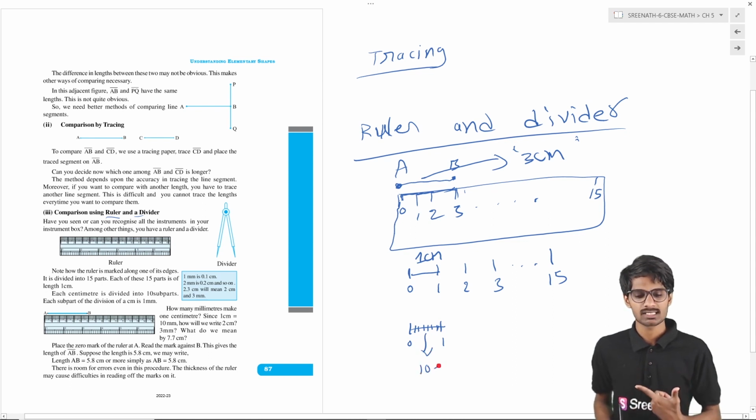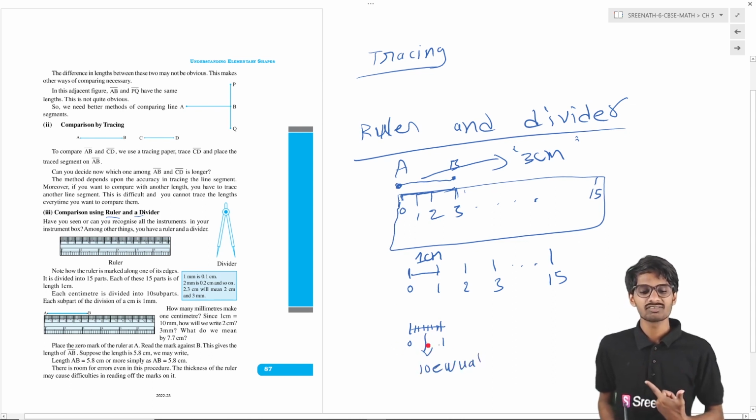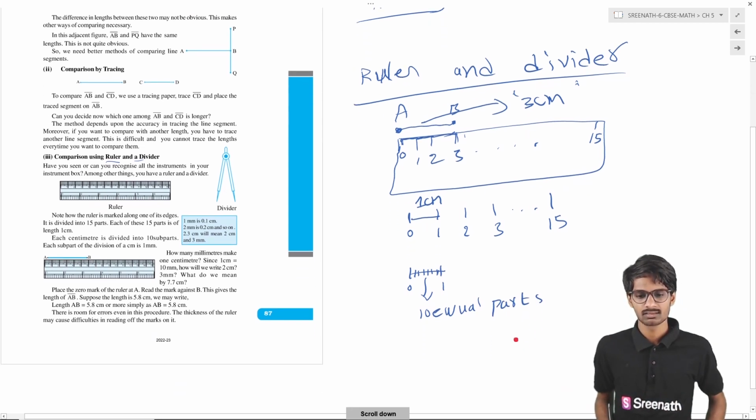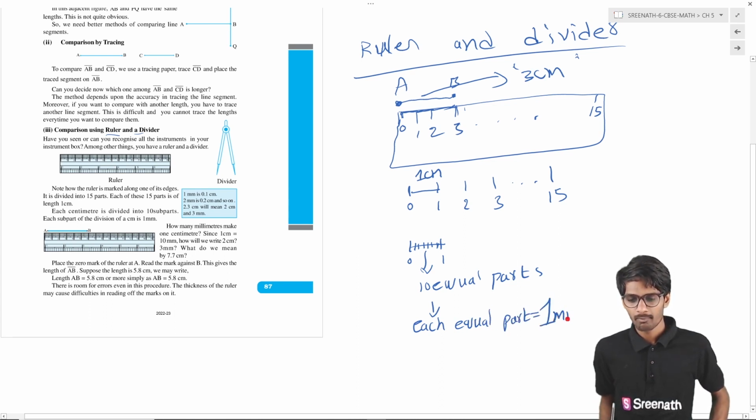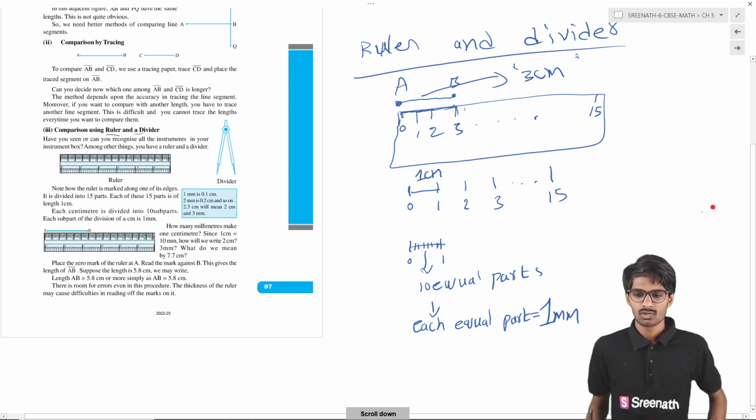Another 10 equal parts in between 0 and 1. So each equal part is equal to 1 mm. What is mm? Students, mm is millimeter.